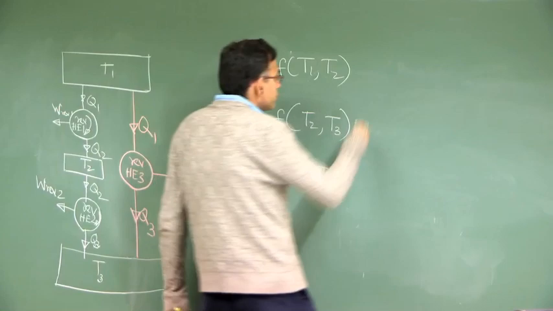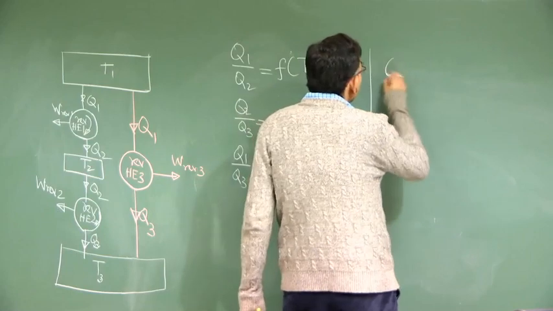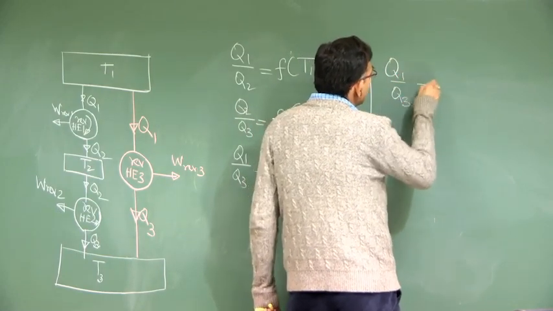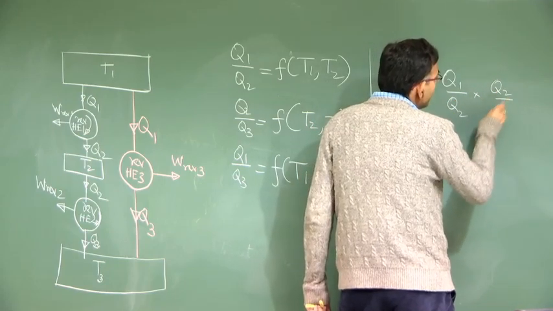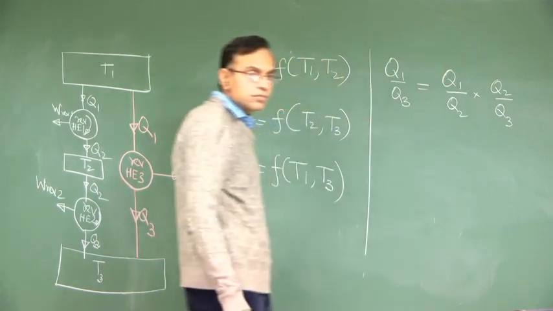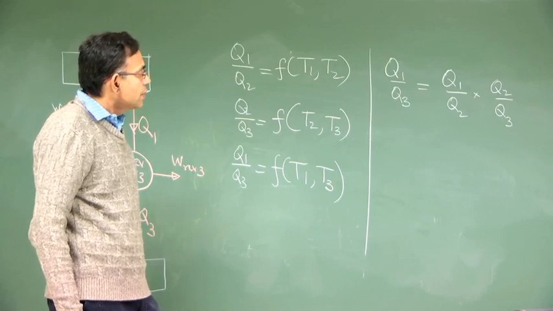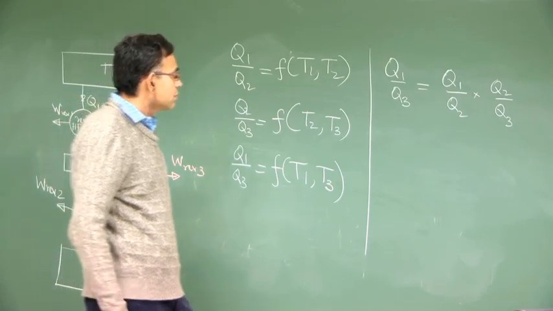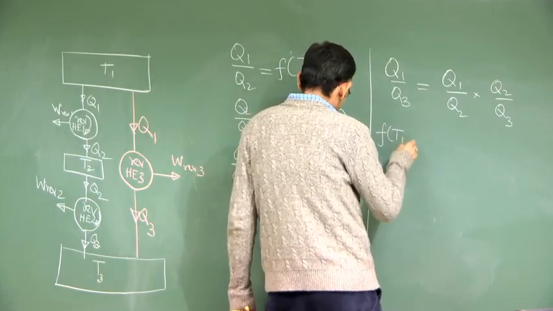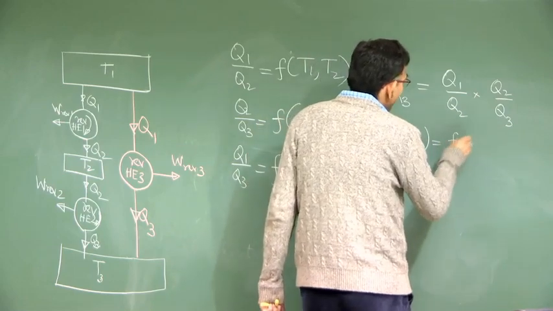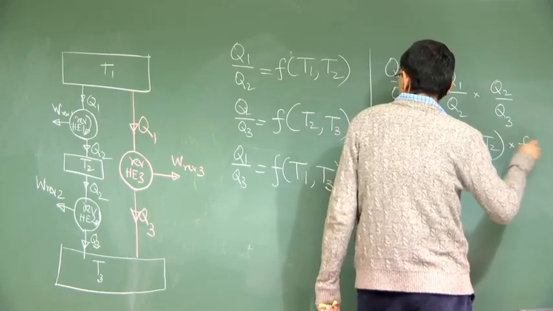Now we can write Q1 by Q3 is same as Q1 by Q2 into Q2 by Q3. Right, simple, nothing to discuss about this. So, f T1 T3 is equal to f T1 T2 into f T2 T3.